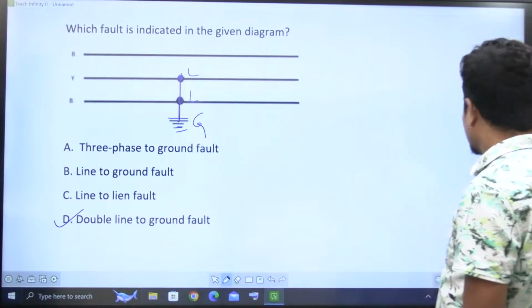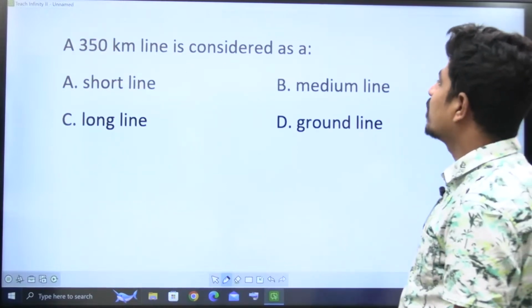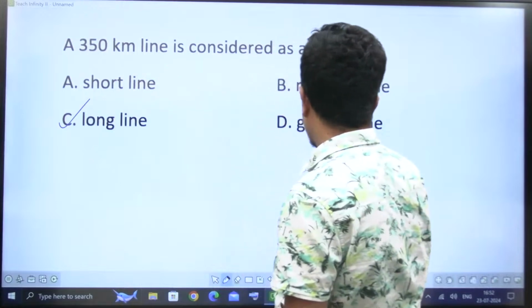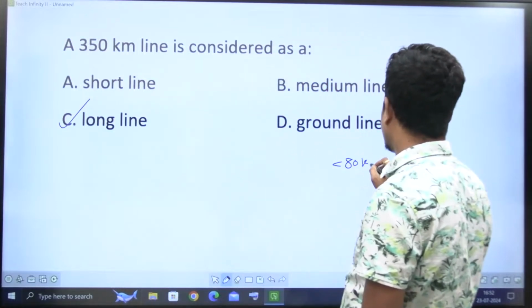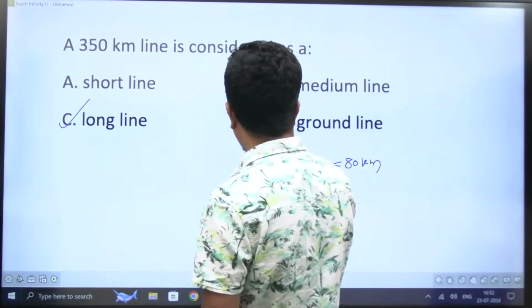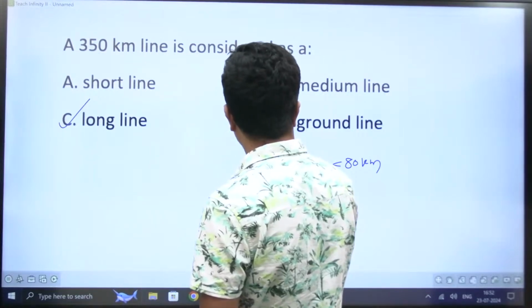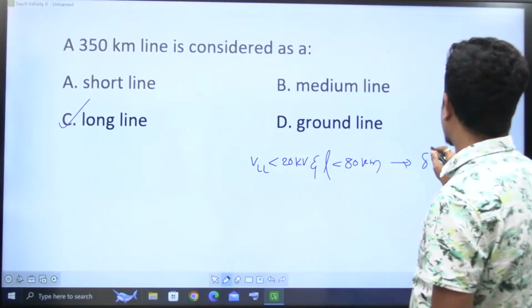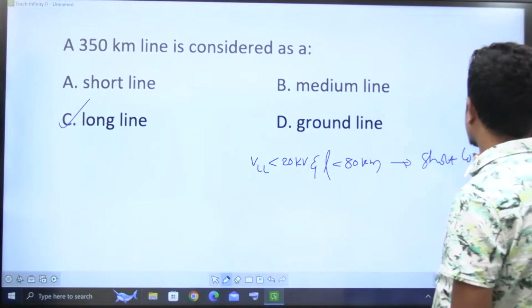Next question, please. A 350-kilometer line is considered as a long line. Less than 80 km, in fact with voltage applied line to line less than 20 kV and length less than 80 kilometers, that is a short transmission line.